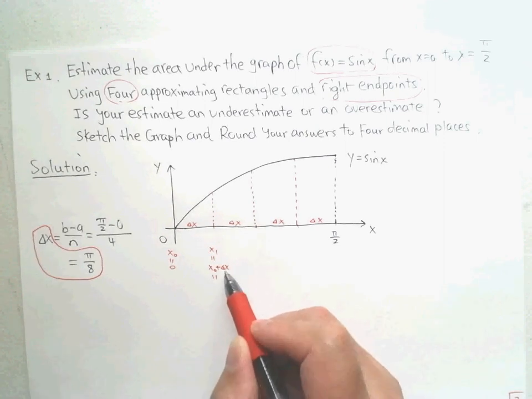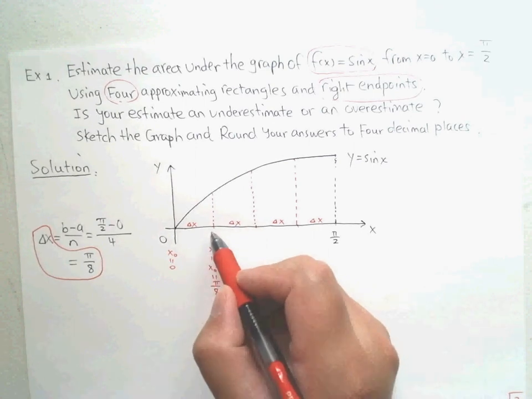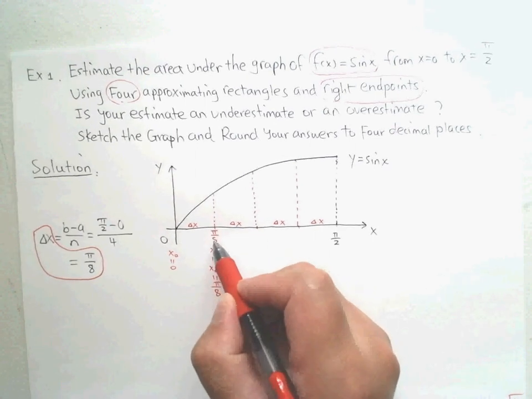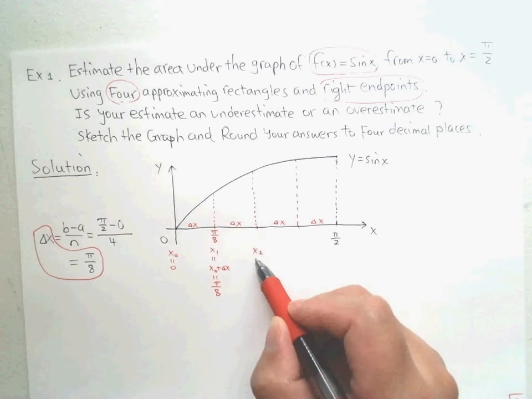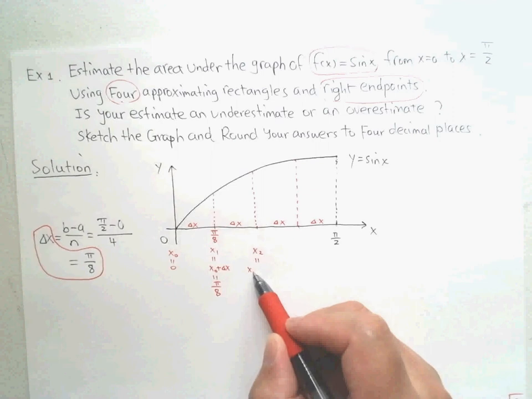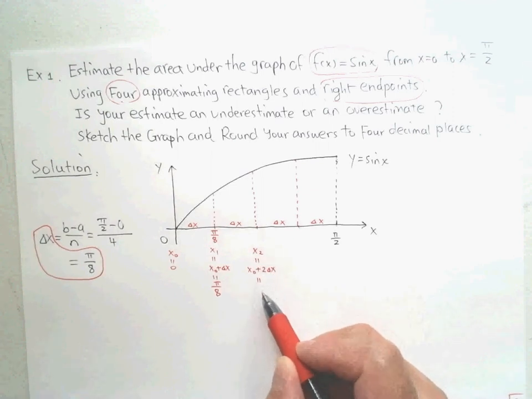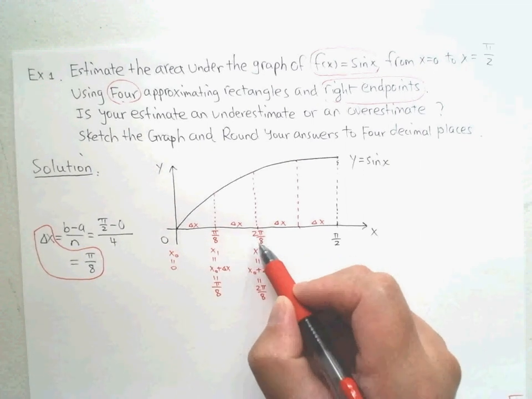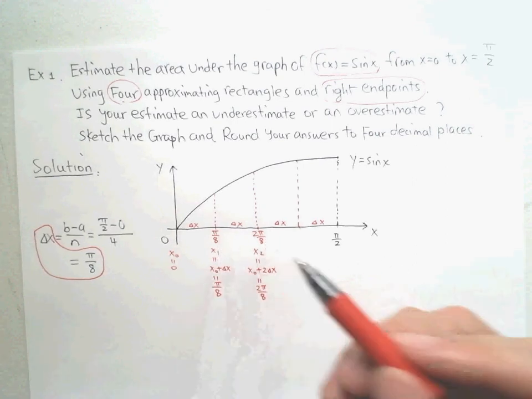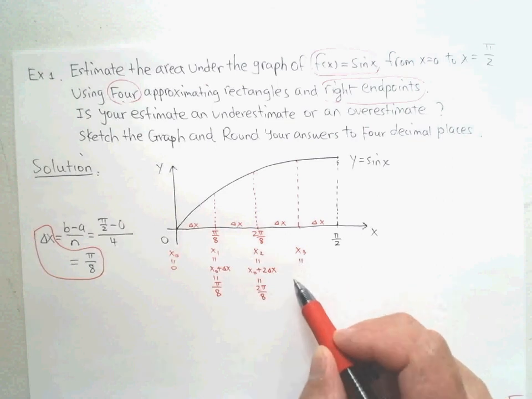If you do the calculation, x0 is 0, delta x is pi over 8, so that's pi over 8. See, I put the number here. This is x2. x2 is x0 plus 2 times delta x, and the calculation gives 2 pi over 8. So I put here 2 pi over 8. We don't need to simplify, and this pattern looks better.